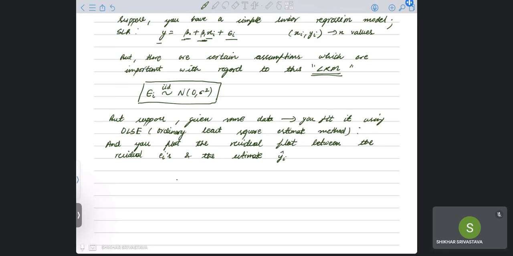You know how to find these e_i's. e_i is nothing but the difference between the original ith response variable, which is given in the data, and the ith response variable predicted by the model, represented by this cap.